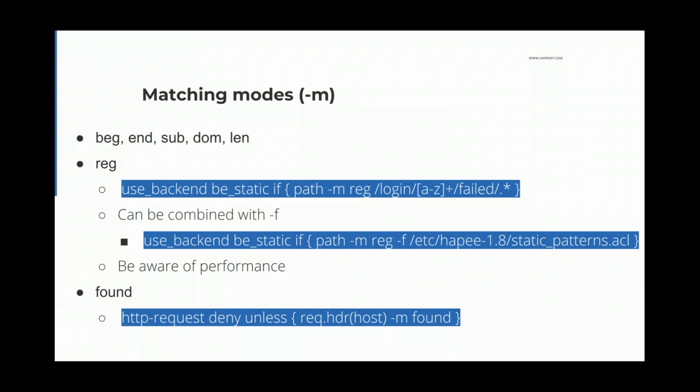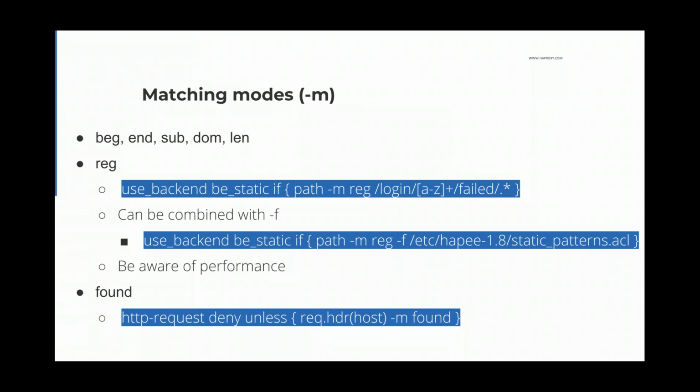But it will also match against things like foo.example.com.bar.com. So if you're dealing with security, where the attacker may be modifying your host header and you do not want to allow that, that is something to keep in mind. And some of the other fetches like end might be more interesting to detect the end of the host header.